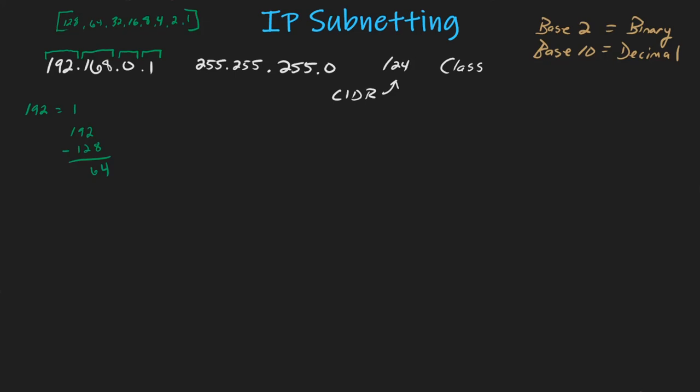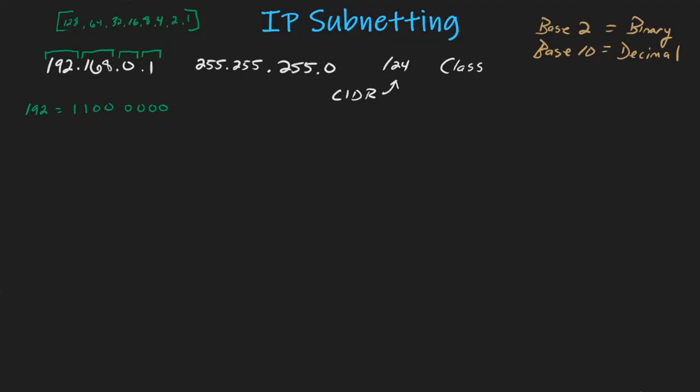Now, can we fit any 64s? Yes, we can, because that's all we have left. So 1 128 value and 1 64 value equals 192. However, we do have to fill in the trailing zeros. And so there's 192 represented with 8 binary bits.